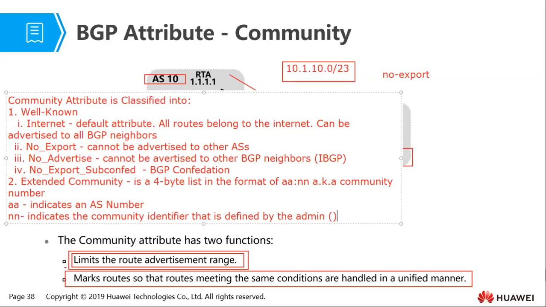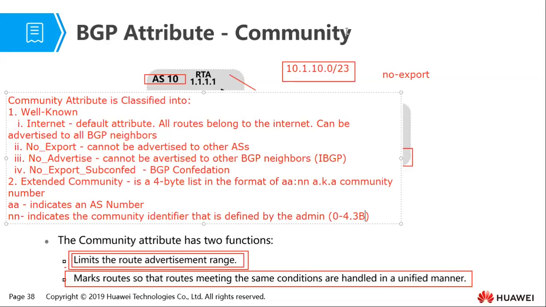Generally, this number can range from 0 to slightly below 4.3 billion because it's 4-byte, so 2 raised to power 32. So generally, that is it about the community attribute.